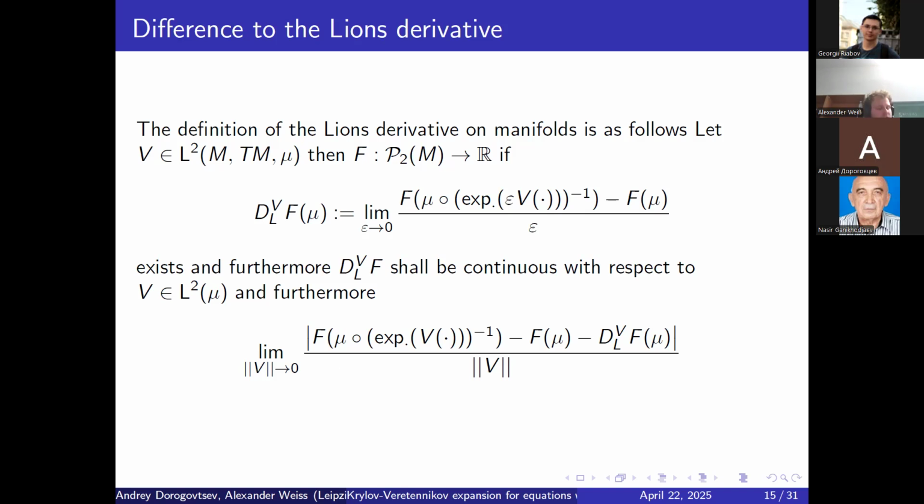In general, the definitions are pretty similar. If we only look at the directional derivative, we do actually, with this intrinsic derivative, differentiate with respect to the same direction of this vector field V.